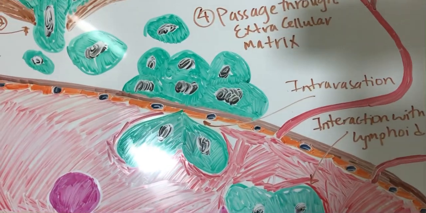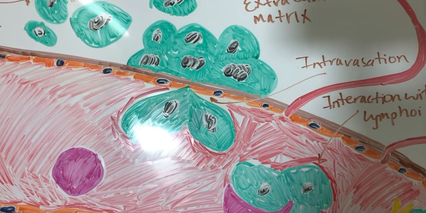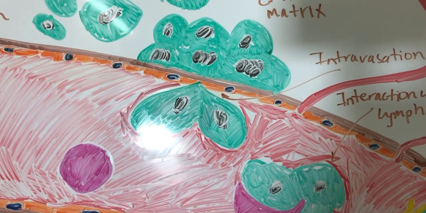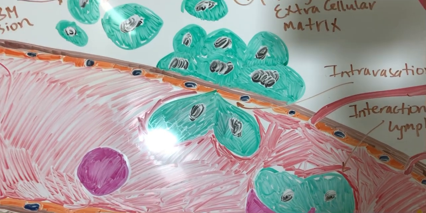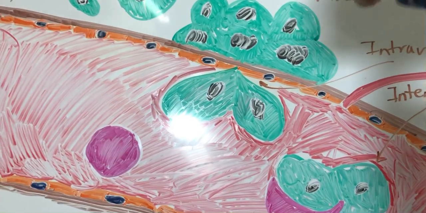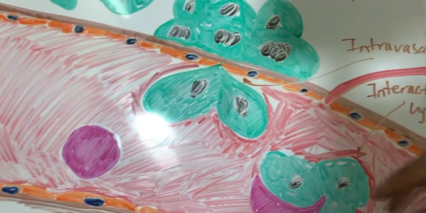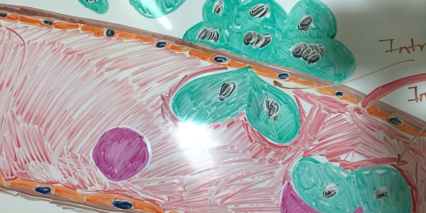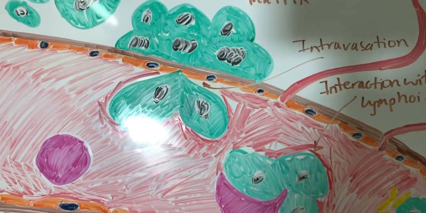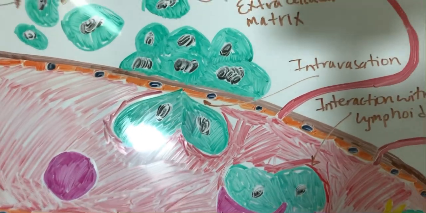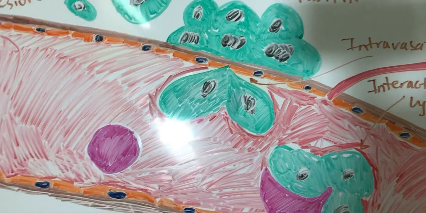Intravasation is when the transformed metastatic subclones have successfully adhered to the blood vessels, and now they successfully invaded and broke and destroyed the basement membrane, and they have successfully entered the bloodstream. That is intravasation. They will ask you the difference between intravasation and extravasation, as we will see later.